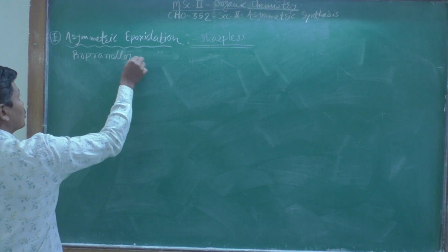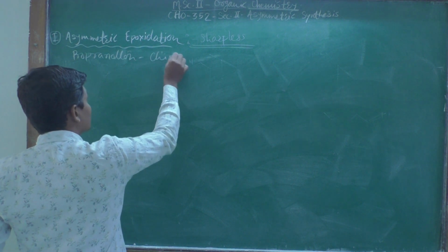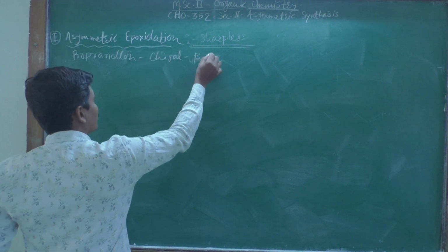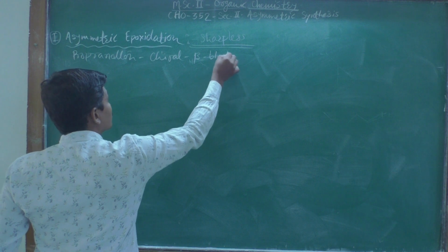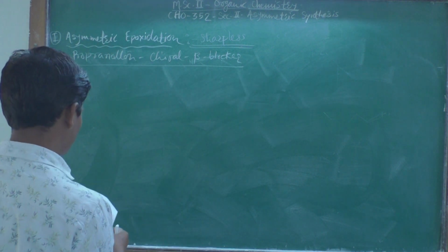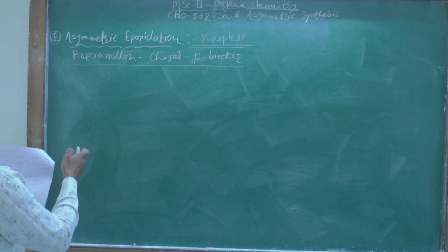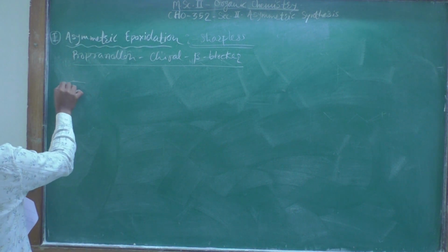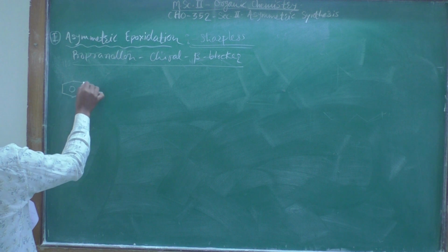Propranolol is a chiral beta blocker, and this can be synthesized by using Sharpless asymmetric epoxidation. The final molecule is like this, that we have to synthesize.